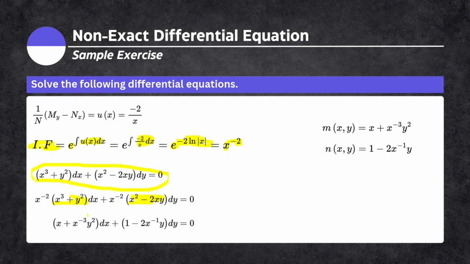So this will be our new m and n function. In this case, let's use small letters to indicate that these are the new functions in an exact differential equation.